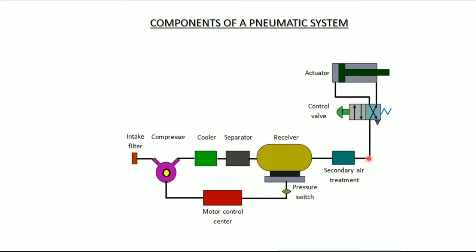Then the treated air is sent to the DCV as usual. From the DCV, it is sent to the blind end of the actuator, so work will be done. When the DCV position changes, the opposite work will be done, and retraction of the piston takes place.